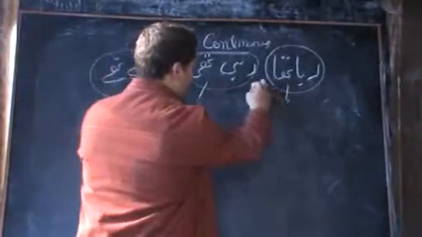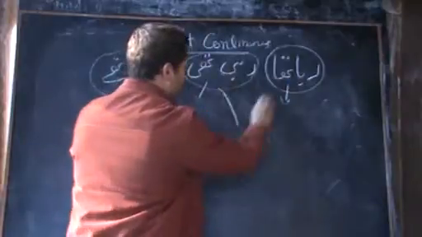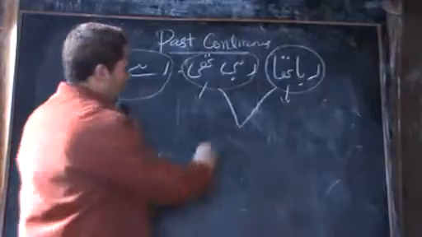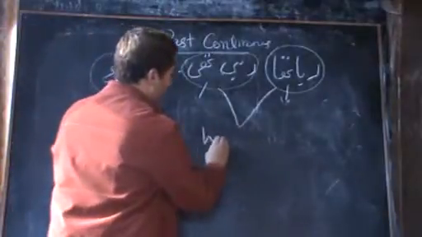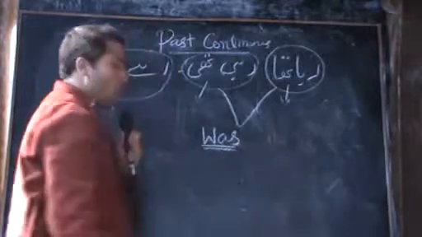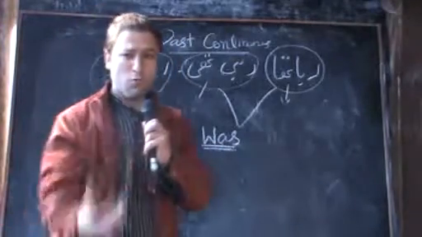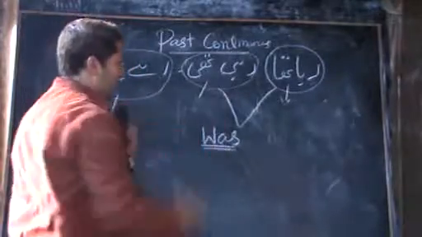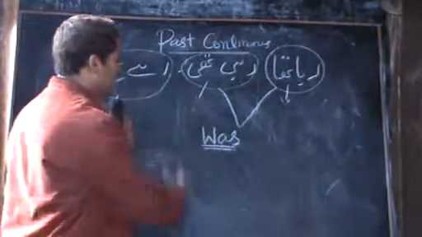So for these signs, for both singulars, feminine as well as masculine, we use the sign of was, or was in the spoken form. Was is used to translate raha tha and rahi thi.